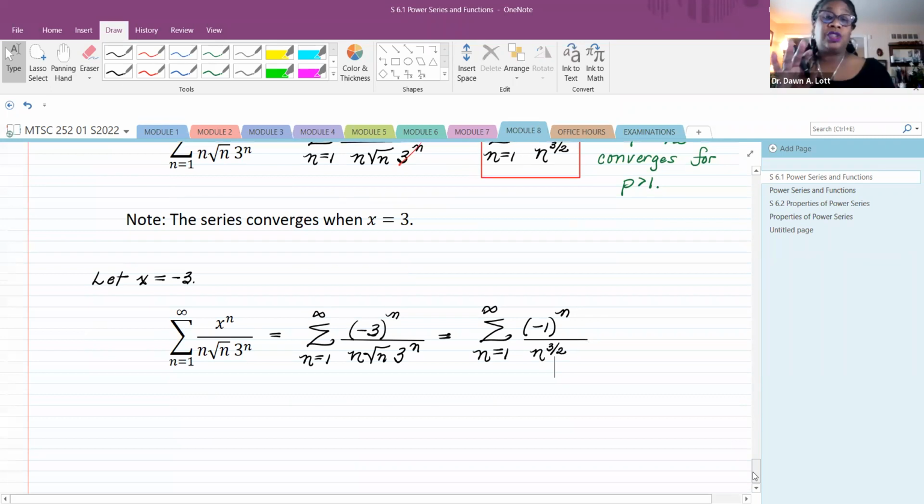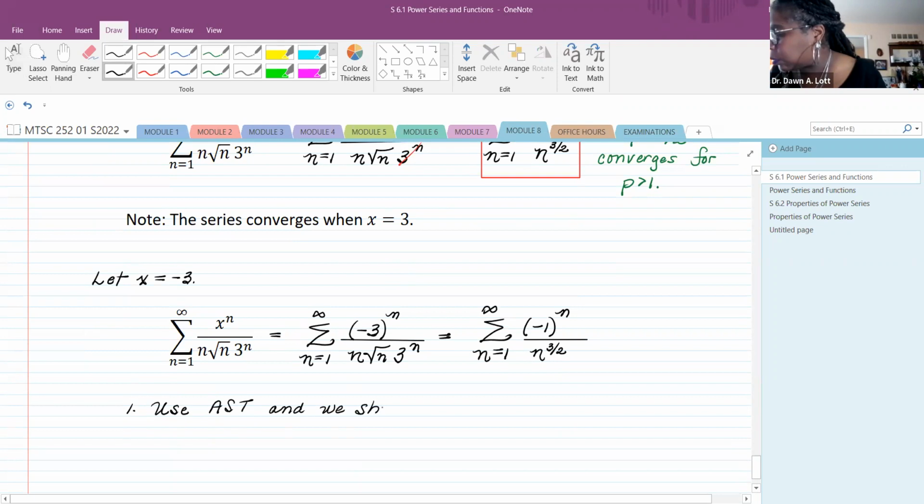Now, there are two ways to show this converges. One, we can use the alternating series test, and the series converges.